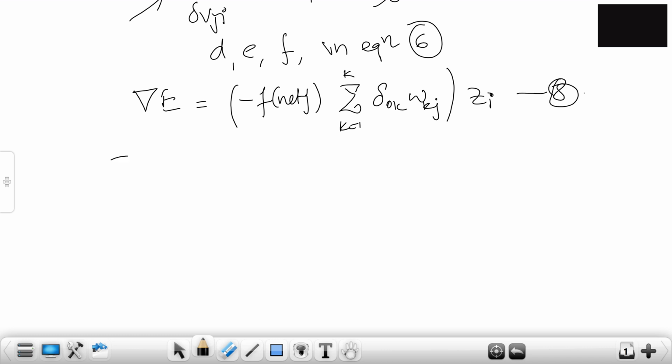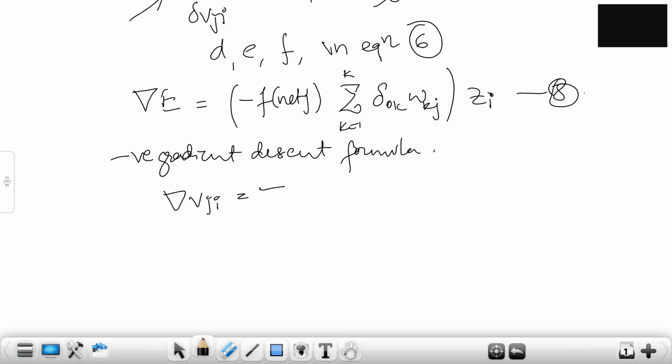Okay. Now again using the negative gradient descent formula, like the previous one, we're going to write delta Vji equals negative eta grad of E. So this is nothing but minus eta, delta of E upon delta Vji.